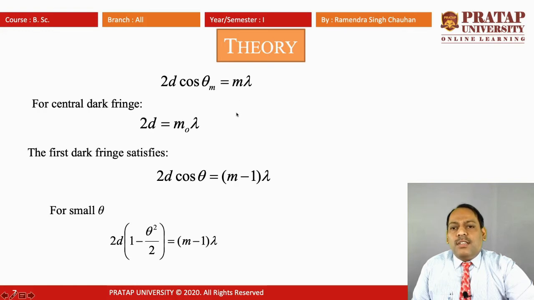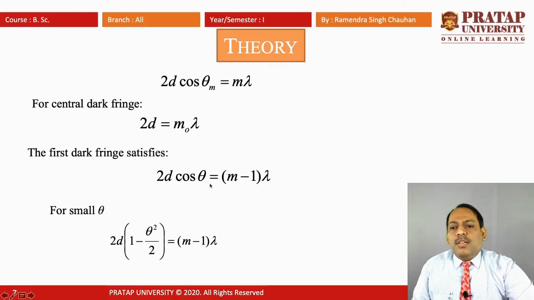So at the center we will observe the highest order fringe, and as we are moving outwards, theta will increase from 0 to 90 degrees. In that case, cos theta will change from 1 to 0. It means the value will decrease, and hence we can say, if the order at the center is m and we are moving one fringe outside, then the order will be m minus 1.